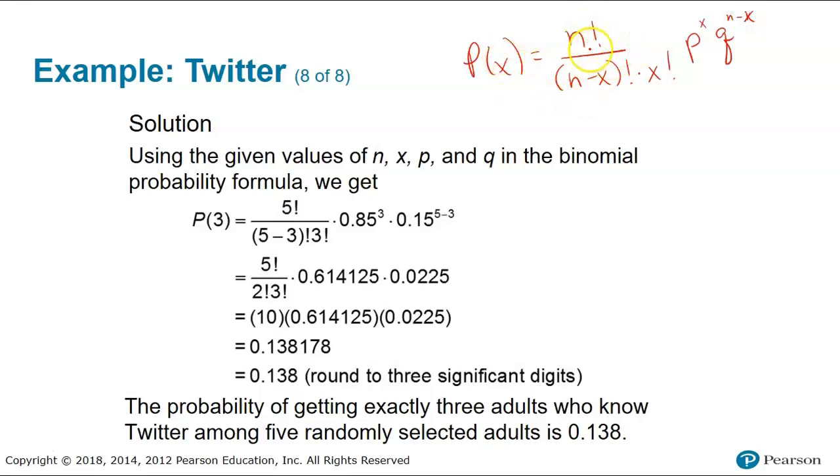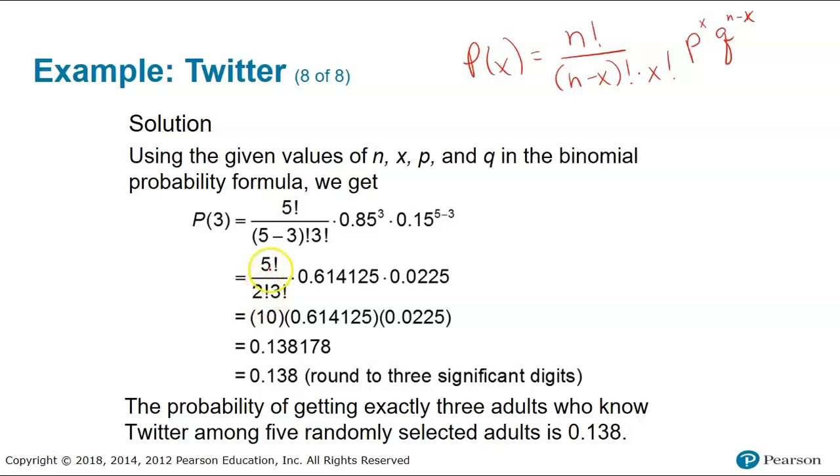So when I plug this in, my sample size was 5, so I've got 5 factorial, and then 5 minus 3 is n minus x. 3 factorial goes here, my p, my x, my q, and my n minus x. So when I simplify this, just put each of these in your calculator and get these values here.